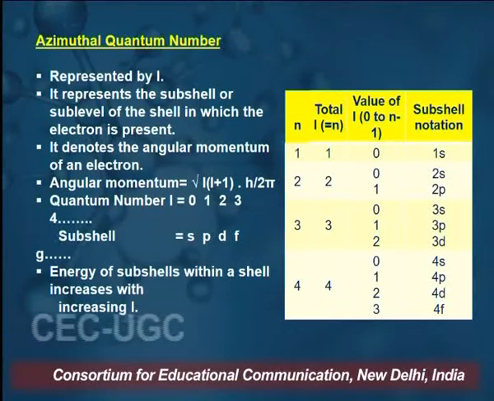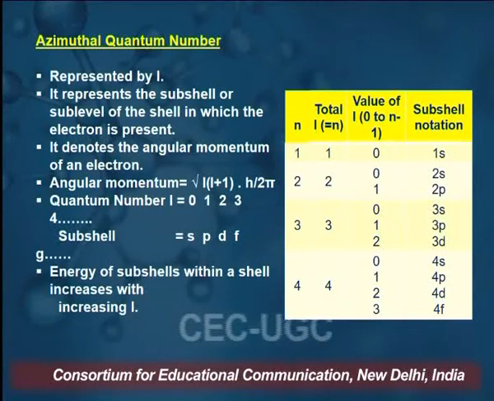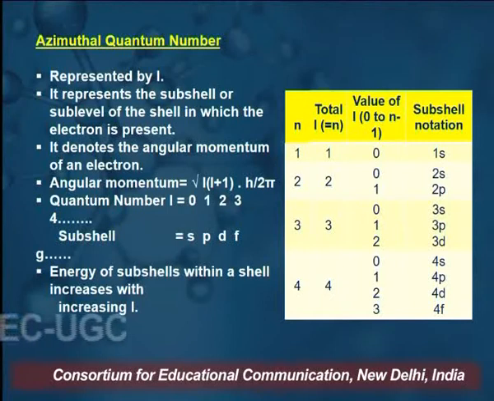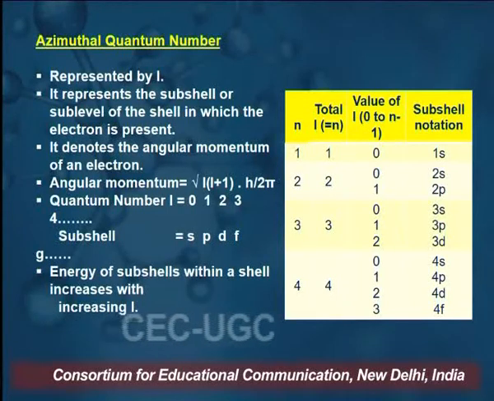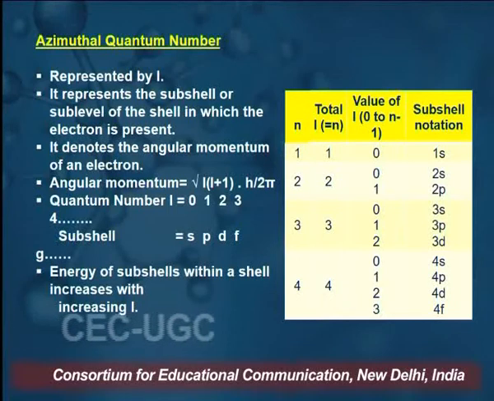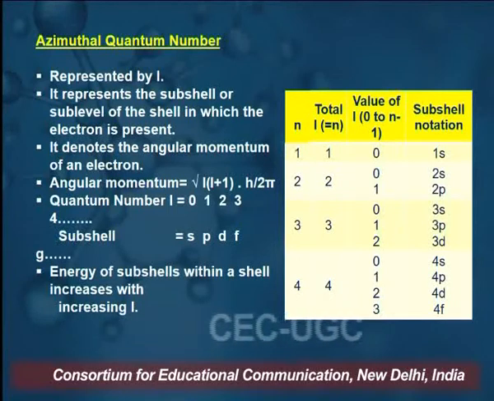Let us discuss a few examples here. Say the principal quantum number is 1, then the total values of l are equal to the number n, that means 1. The values of l will be from 0 to n minus 1. Let us take the example of n equal to 3. Total l values will be 3.